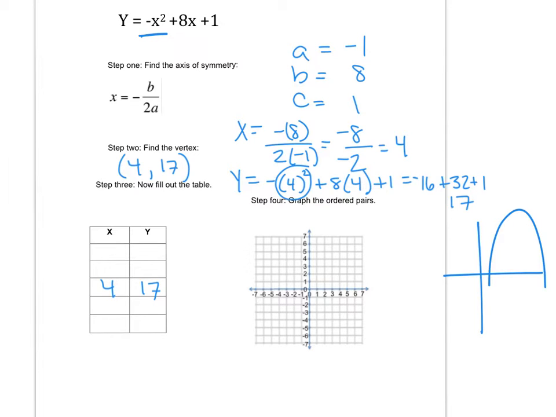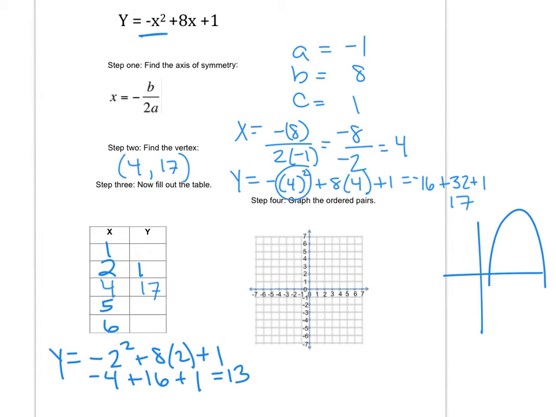So what you end up doing is you pick 2 numbers that are above it and 2 numbers that are below it. So if I plug in 2 into this problem, you'll have -2 squared plus 8 times 2 plus 1. So you'll have -4 plus 16 plus 1. So this ends up being -4 plus 16, positive 12, plus 1 is 13.